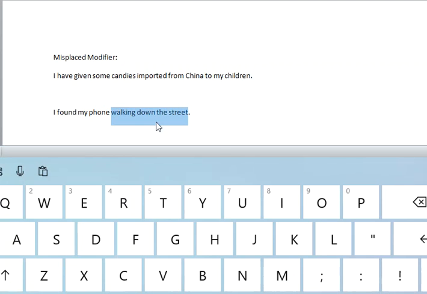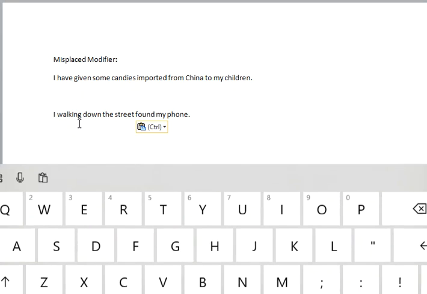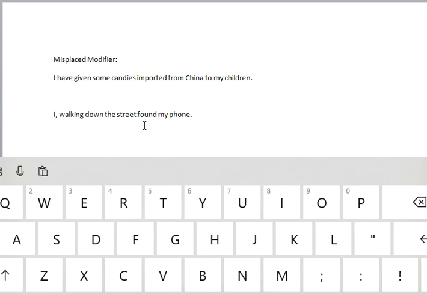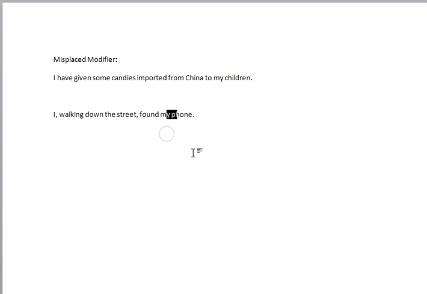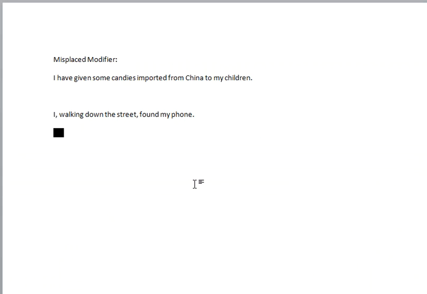All I need to do is replace this modifying part and put it next to its modified. Okay. I, comma, walking down the street, another comma, found my phone. Or there's another way actually to word this.